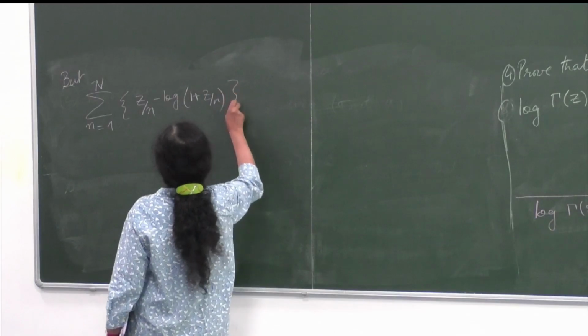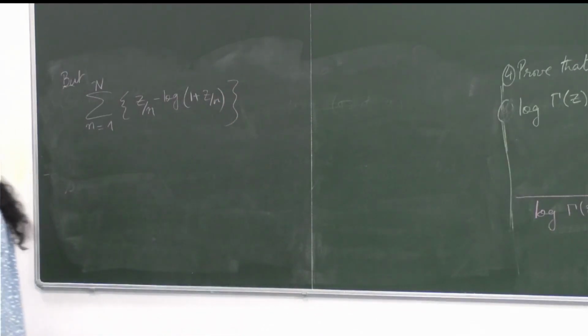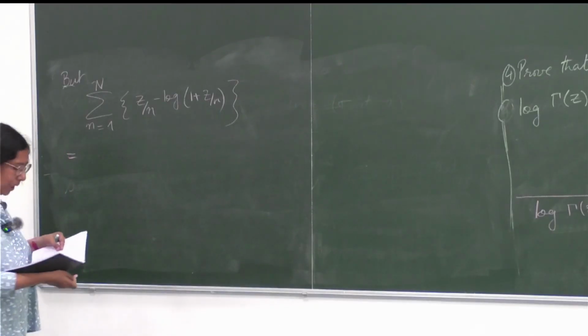And what does this become? Can you tell me what the main terms are that will come from here? This time you are taking a truncated sum. What will this give me?